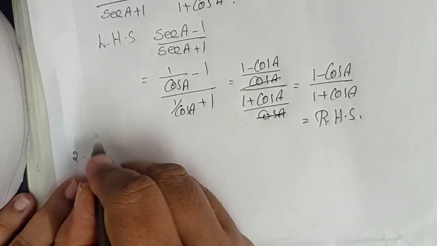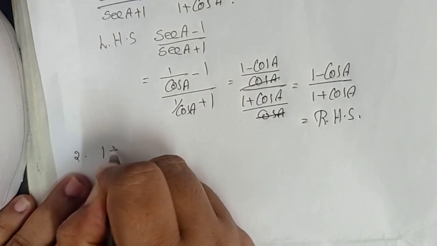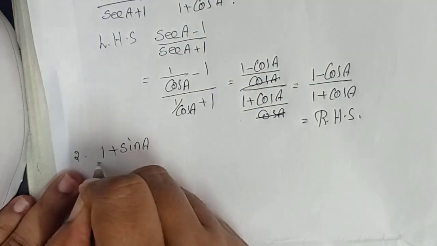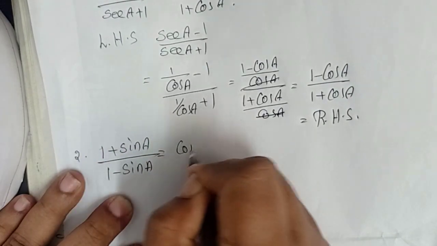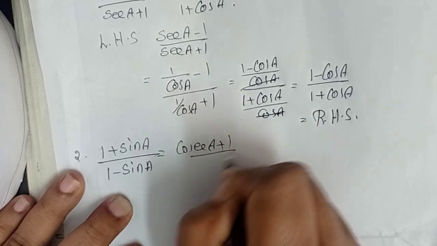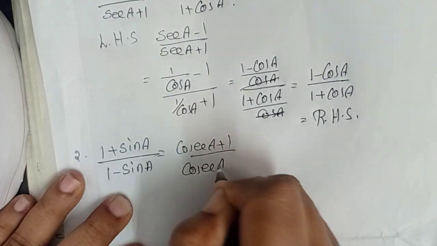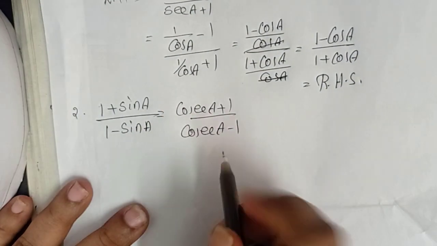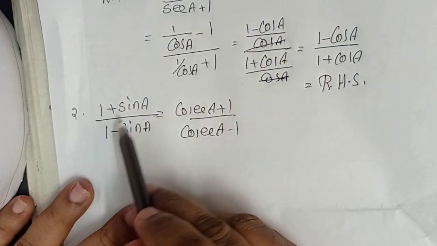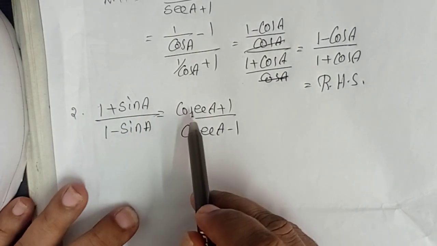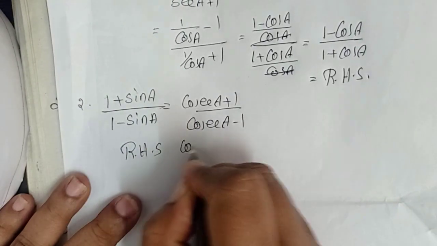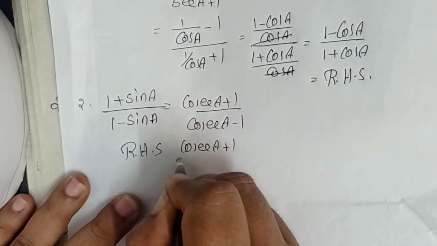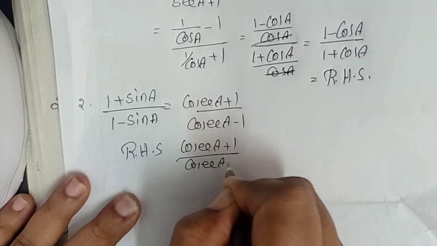Question number 2. Prove that (1 plus sin A)/(1 minus sin A) is equal to (cosec A plus 1)/(cosec A minus 1). Here, the LHS is in its lowest term. Therefore, you have to take the RHS. RHS is (cosec A plus 1)/(cosec A minus 1).